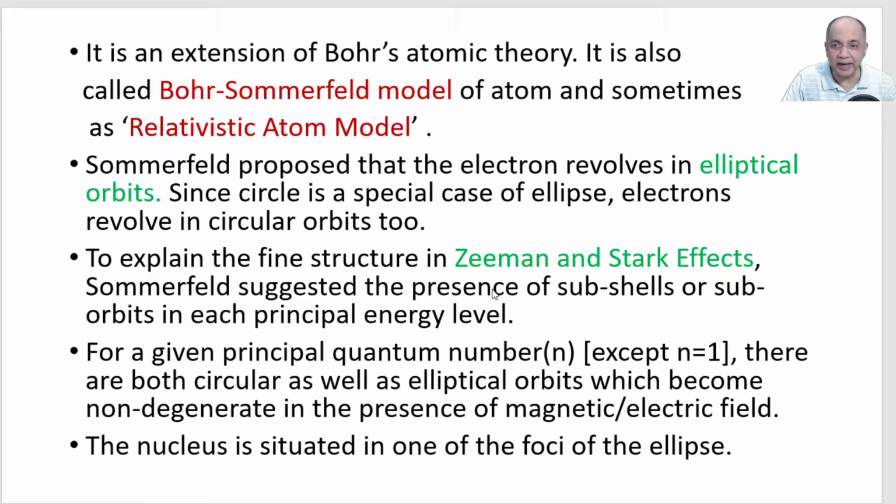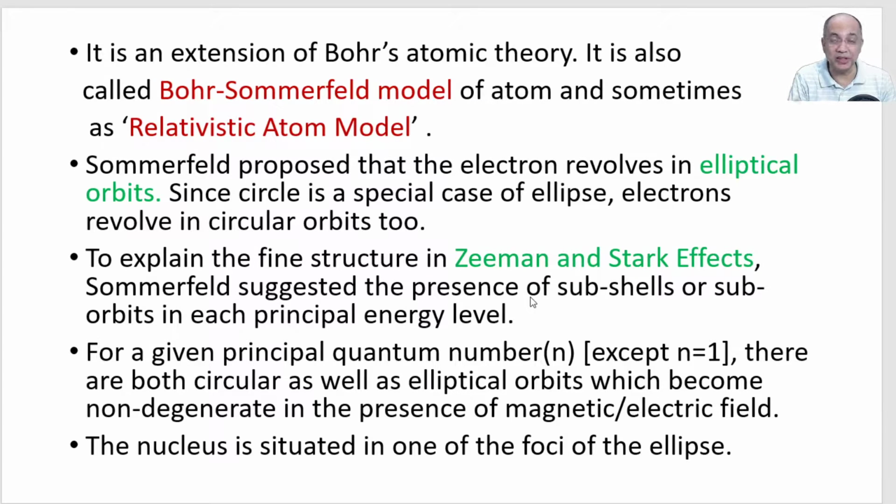To explain the fine structure in Zeeman and Stark effects, Sommerfeld suggested the presence of subcells and suborbits in each principal energy level. Because this SPDF concept was not there at that time.